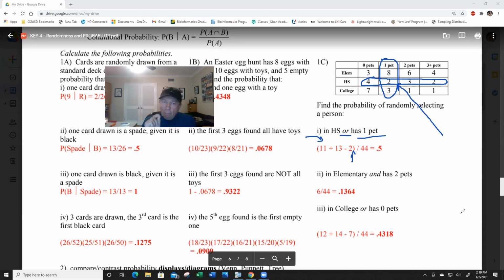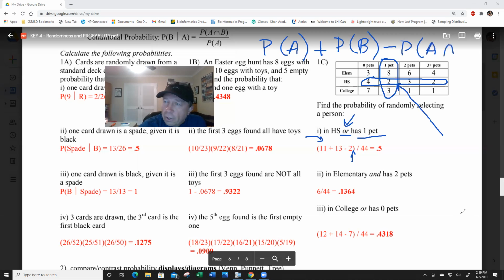Now, let me remind you of a formula that we broke out earlier in this section, which is not on this lesson. When you do an OR problem, that means add. You do probability of A plus probability of B, and I would write this down above this chart, minus probability of A intersection B. Does that make sense to you?